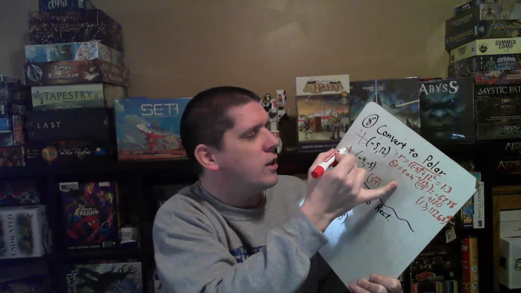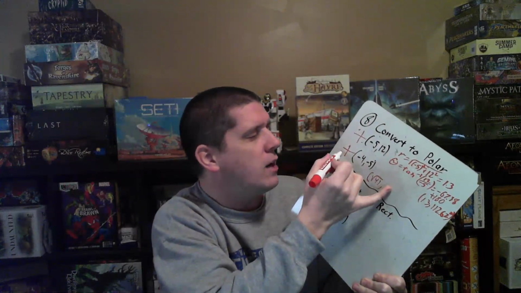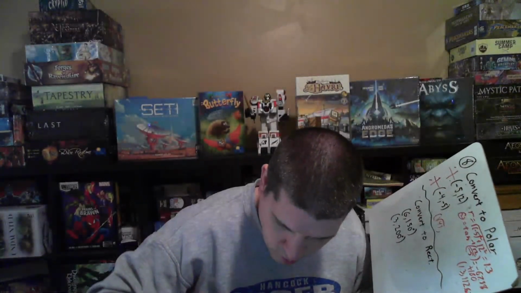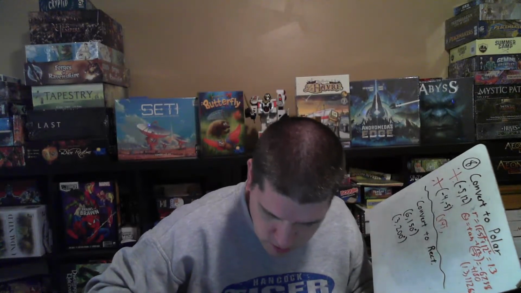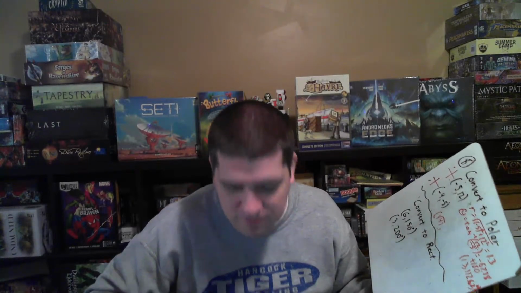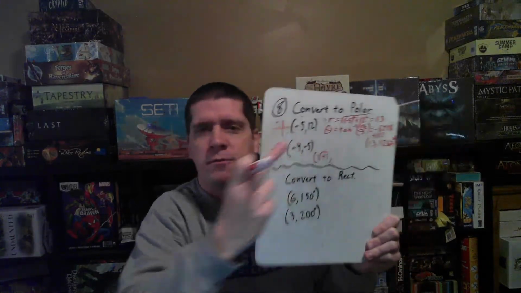Once again, if I look at -4, -5, well, -4, -5 would be down in the 3rd quadrant. So if I take, real quick, inverse tangent of -5 over -4, we end up with 51.34 degrees. But once again, I want this guy. That would be in the 1st quadrant.